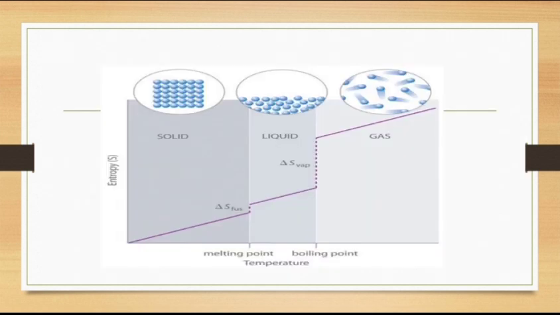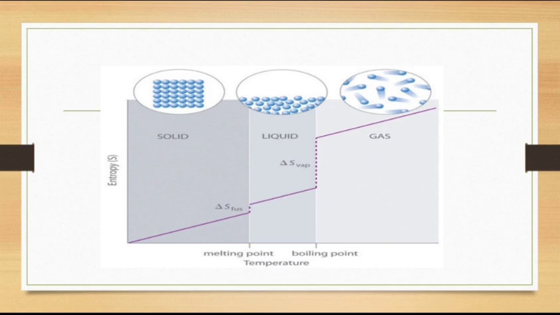So, see, here is the entropy on the y axis and the temperature on the x axis. Initially I have taken a solid, and a solid has a regular arrangement. Each and every particle is arranged in a regular manner, and here entropy is less because there is orderness, no disorderness. Therefore, the entropy change for the solid is very less. This is called fusion.